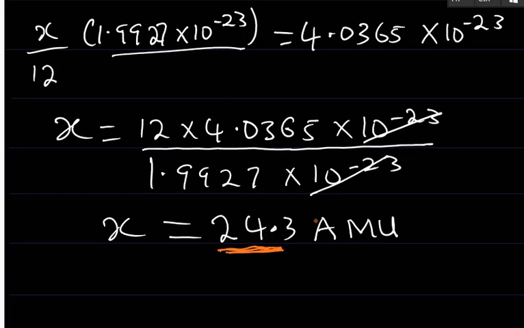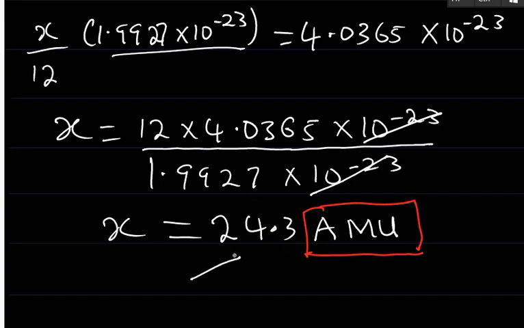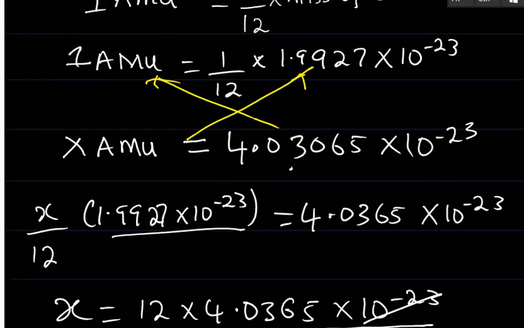The relative atomic mass is based on AMU, atomic mass unit. So all the relative atomic masses of the elements that you've ever used in calculation before are gotten from the atomic mass scale. Please take note of that. So that is how we do that.